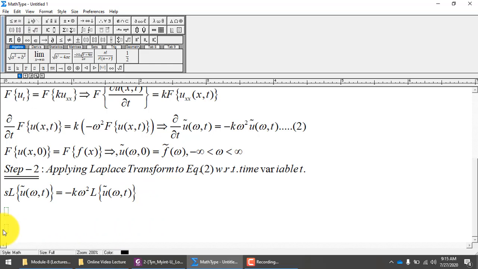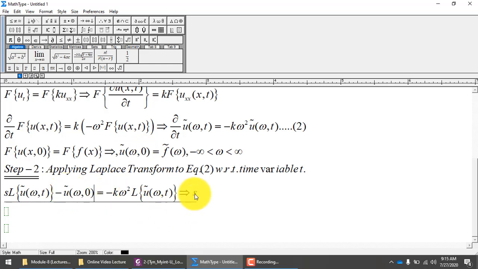Now, what is the symbolic representation of the Laplace transform? We will use that. So there is also s Laplace of u minus s u of 0. Sorry, this was the total formula, minus u tilde of 0. This was the total formula for the Laplace transform. So I forgot that, sorry.